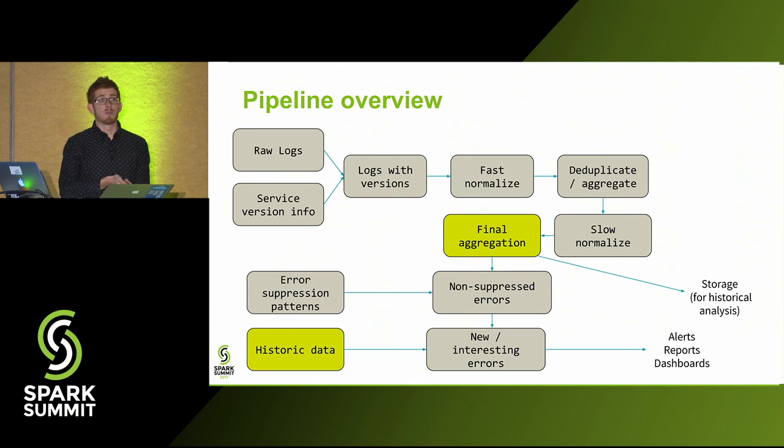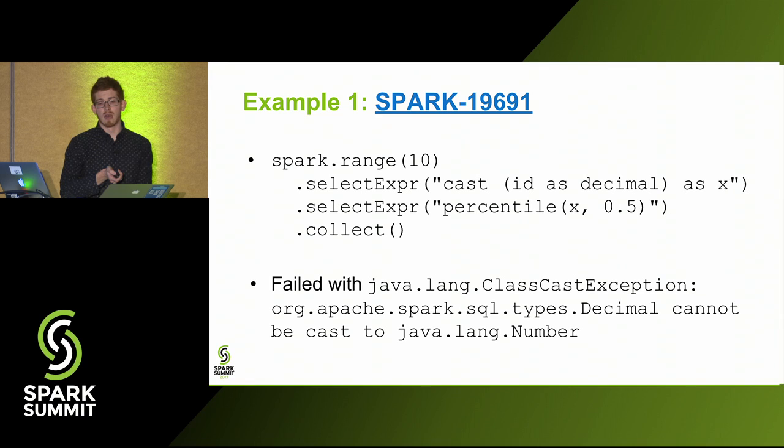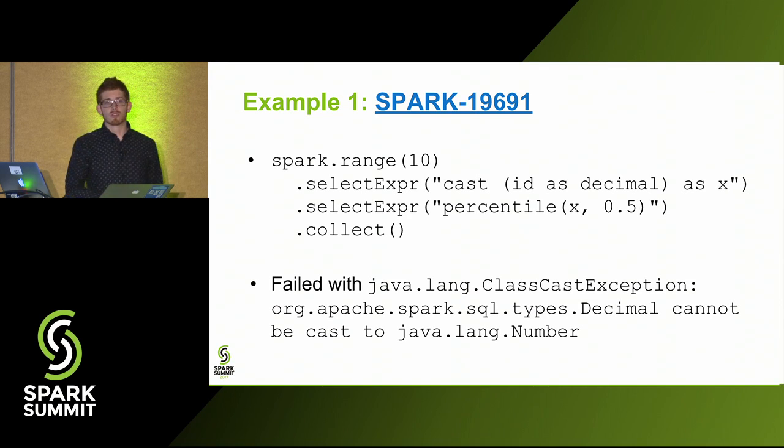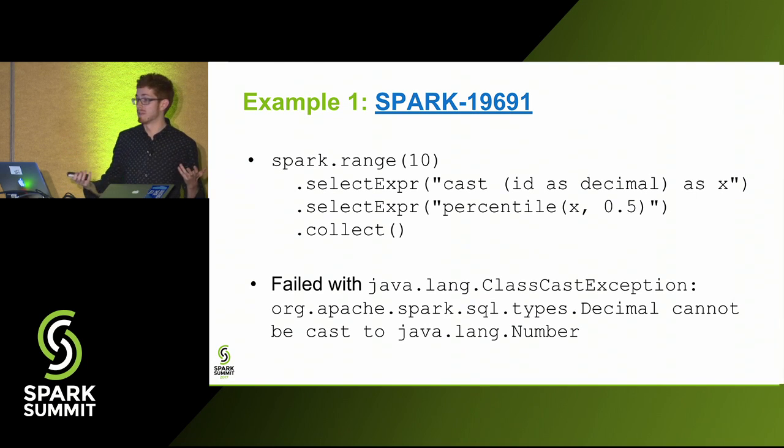So this has actually helped us to find and prevent many bugs. One example of this is a bug from Spark. In this case, a user was running a SQL query, and internally it crashed with a somewhat perplexing error: a decimal could not be cast to a number.